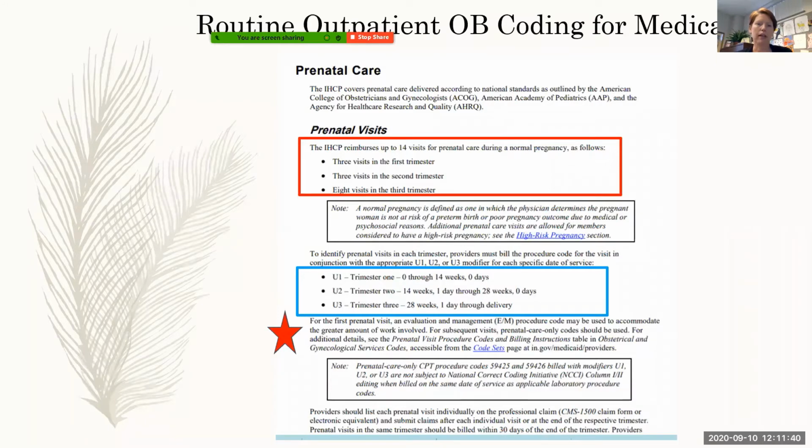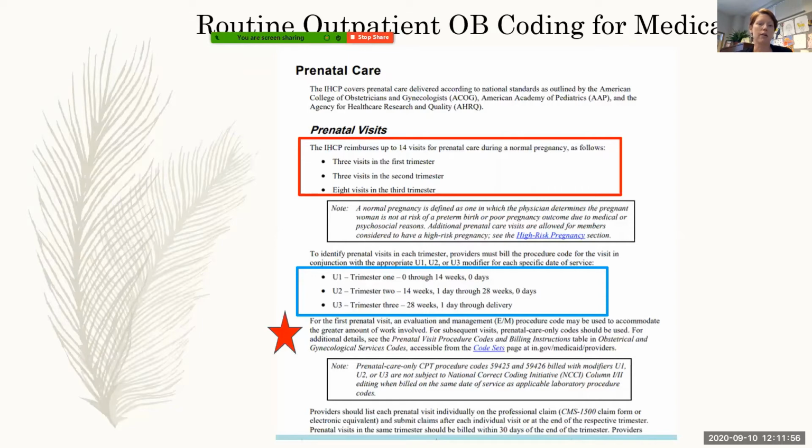So this is from the Medicaid bulletin on OB coding. If anyone wants to read it, I have it all printed out. When we're seeing our Medicaid patients, we are allotted so many visits during their pregnancy.